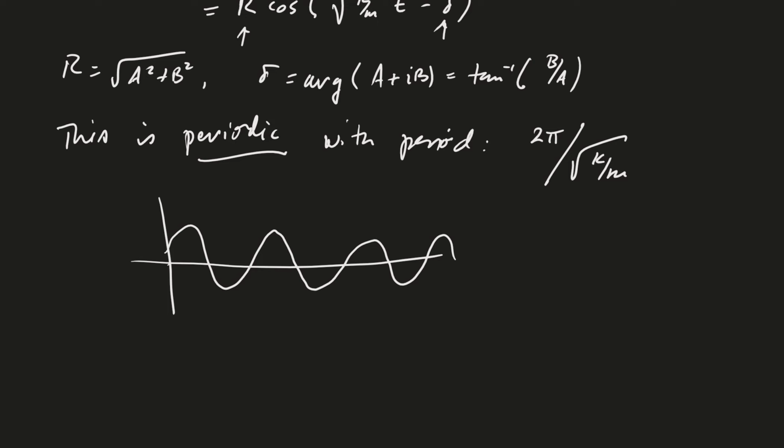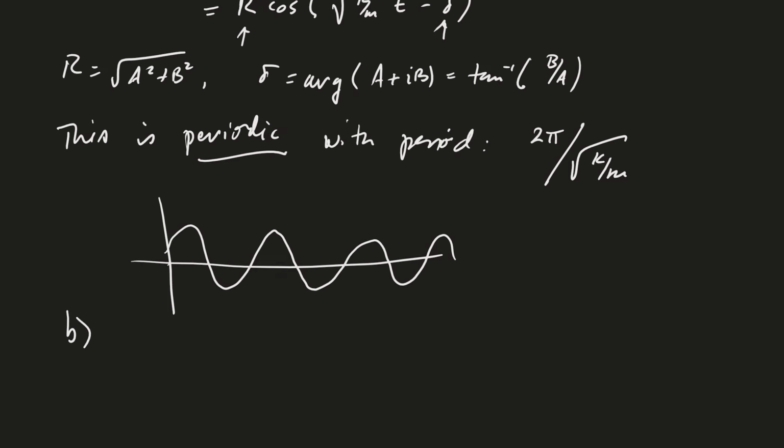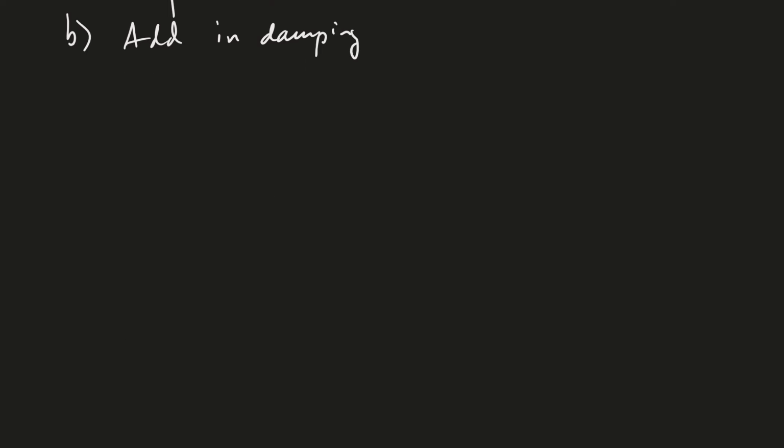Now by adding in damping, I think we're on case B now, right? Add in damping. And now we have our normal model, mu double prime plus gamma u prime plus k times u equals 0.